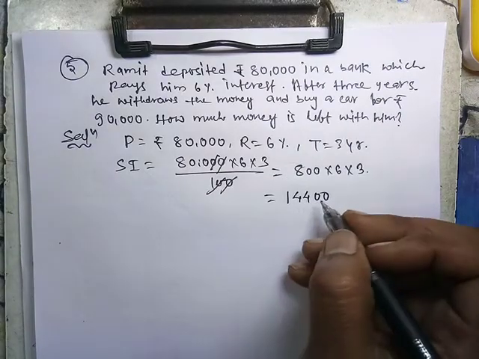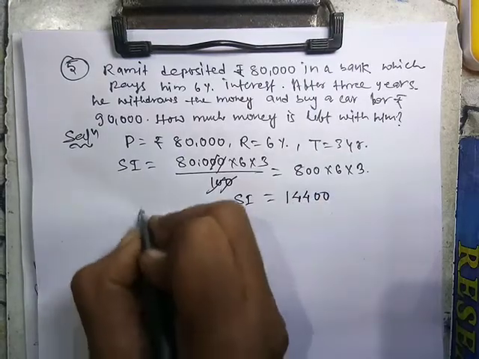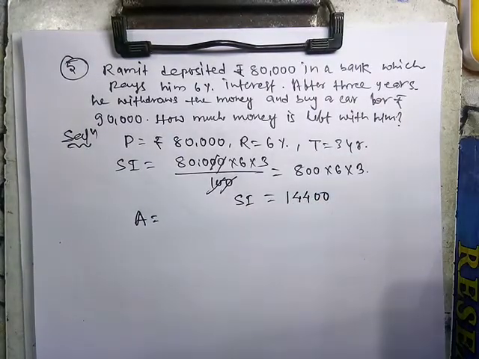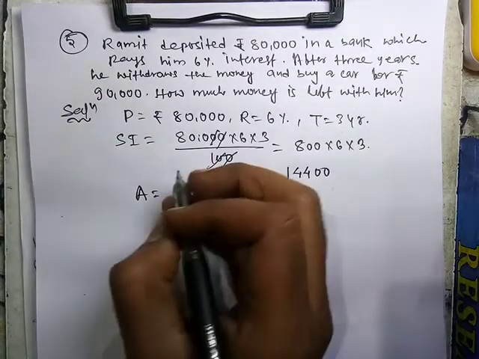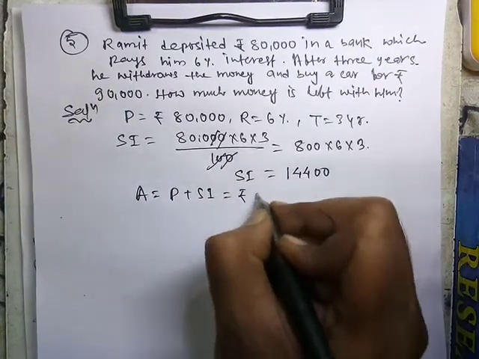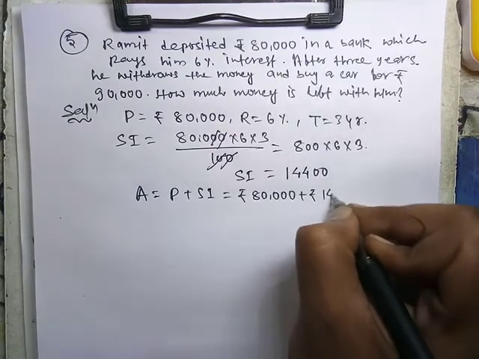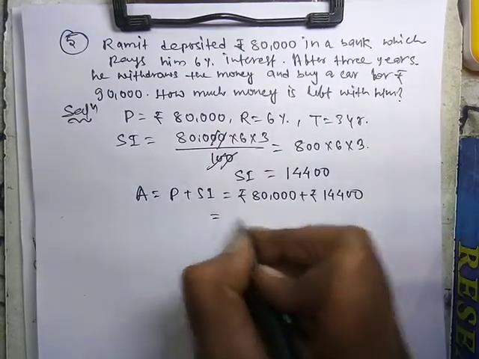SI is equal to 14,400. Now amount is equal to P plus SI. Here P is rupees 80,000 plus rupees 14,400.